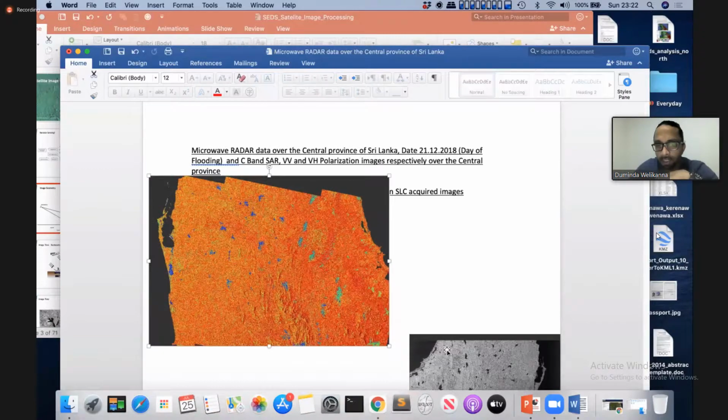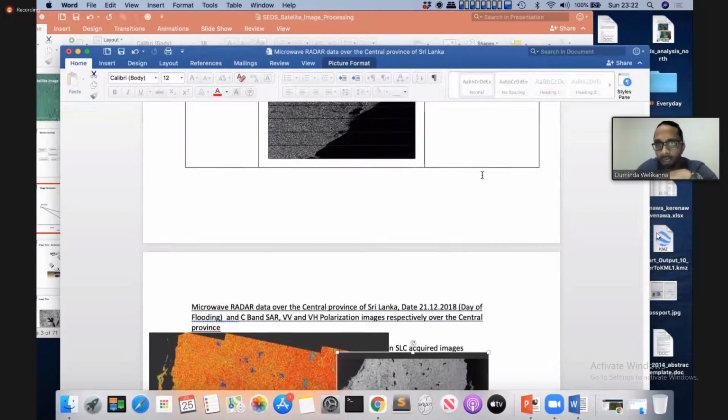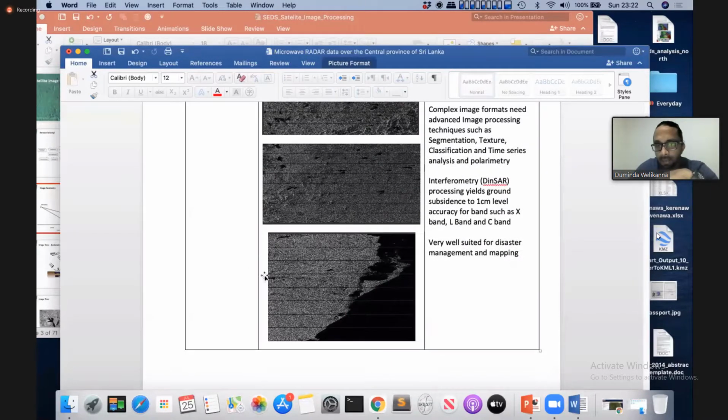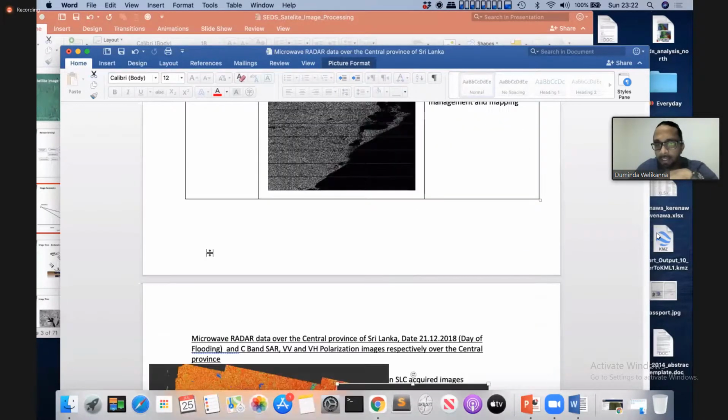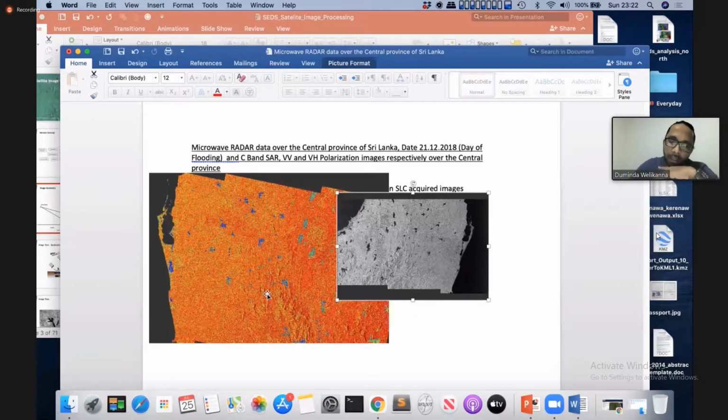The same image you can see converted into ground range. Previously, it was this way, but you know Putlam is on the other side. So we have to convert it into ground range and then convert it into the geo coordinates. Once you give it proper geometric correction, then the Putlam comes to this side.